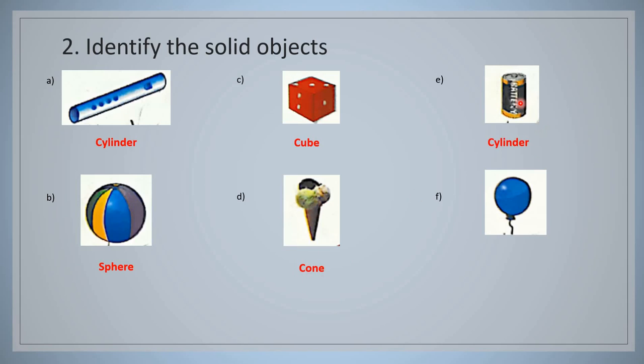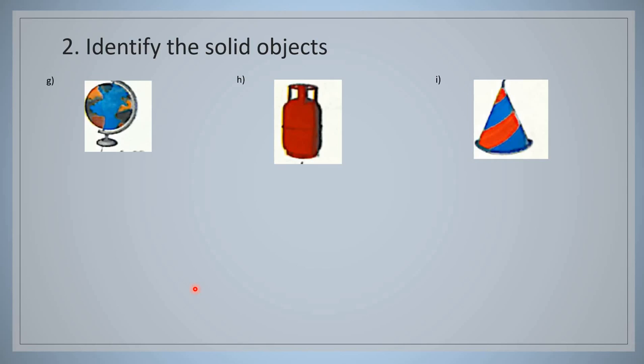Next is a cylinder. This is a tin or a battery which is in the shape of a cylinder. This is a cylindrical solid object. And next is a balloon. A balloon is again a sphere. The solid object of a balloon is a sphere. Next we come to a globe.